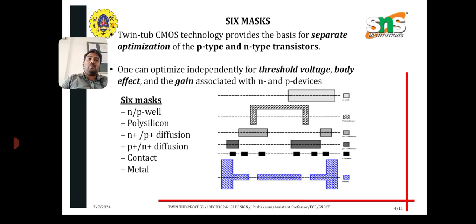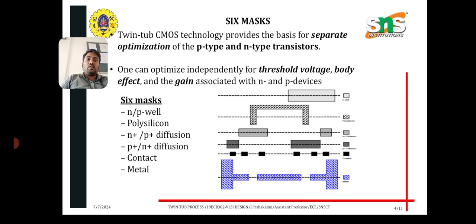Donor means N plus, acceptor means P plus, to create a highly conductive path or contact with the semiconductor. Similarly, P plus N plus diffusion refers specifically to highly doped regions of P-type and N-type semiconductor material, used for contact or interconnection in the integrated circuit.